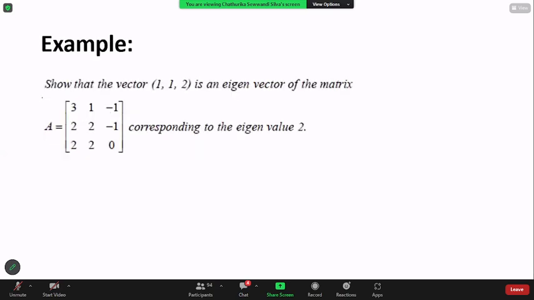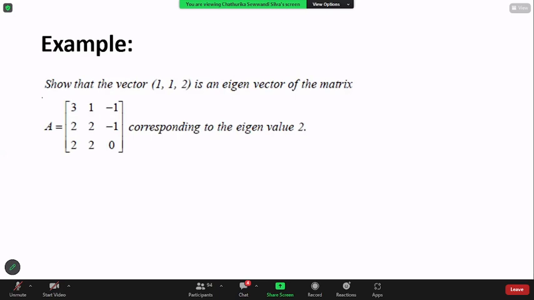So here is an example, and I'll show you how to find it. Show that the vector 1, 1, 2 is an eigenvector of the matrix corresponding to the eigenvalue 2. So the first thing you need to identify is what you already know. You can see this is a matrix where the dimension is 3 by 3.